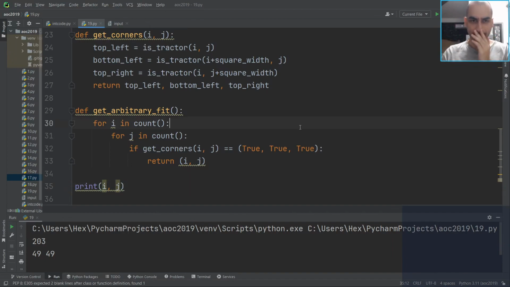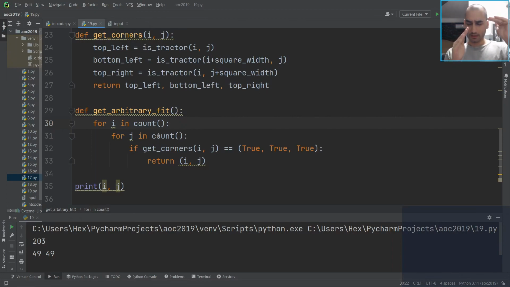Right, let me think. So for a given row, we are starting from j equals 0 and just increasing up to that same point.